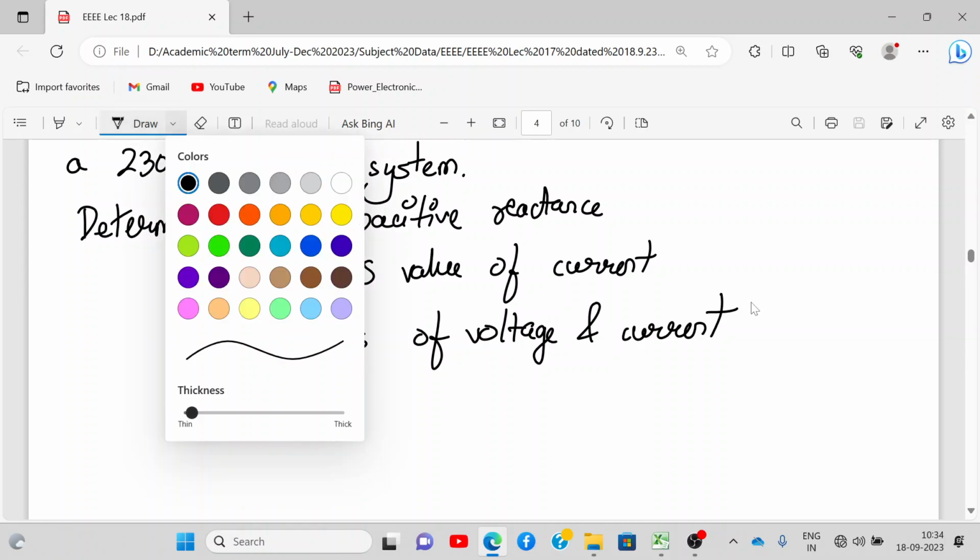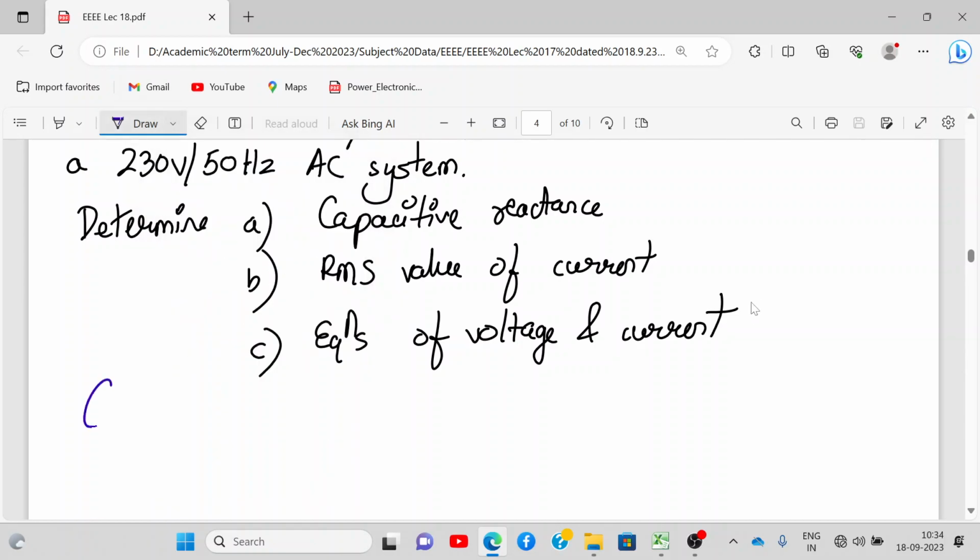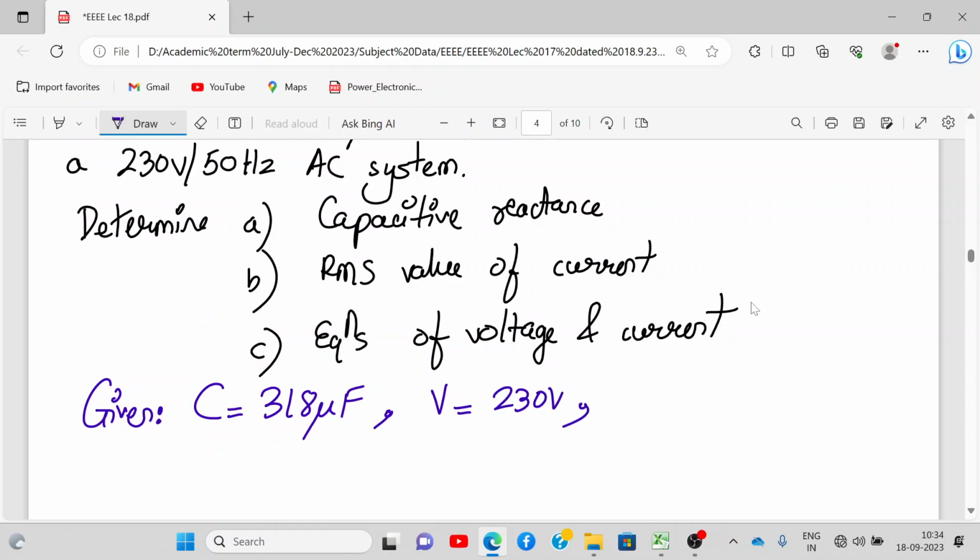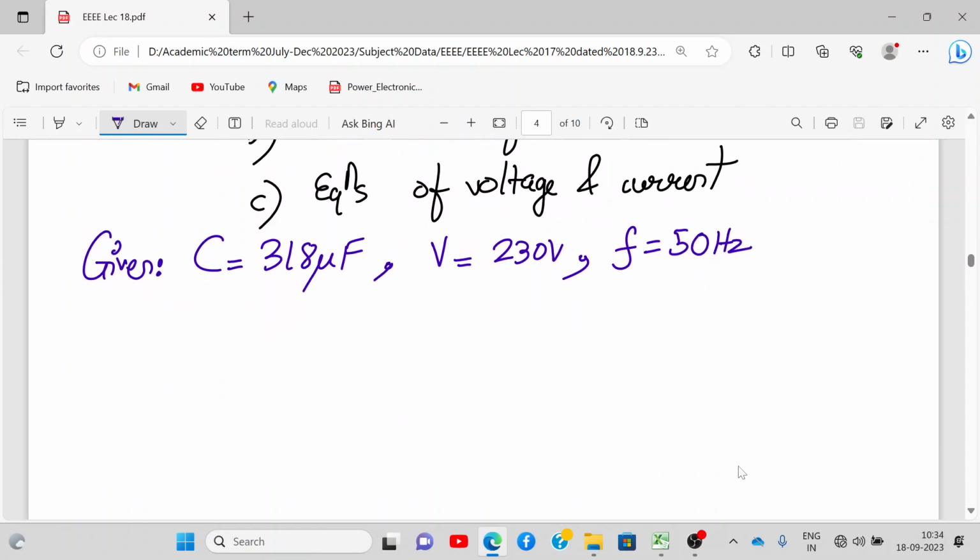So let's start solving and write down the given data. So given is capacitor value 318 microfarad, V RMS or V is 230 volt, frequency is 50 hertz. Okay, so let's start solving now. So what's the first thing we need to find out?